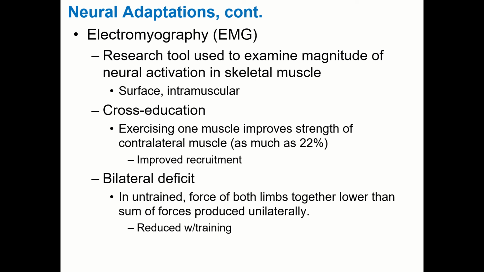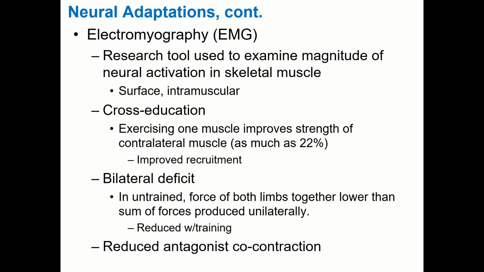Now, that gets reduced with training, and so you get better at recruiting in similar patterns. And so you get better at two-legged movements with training, so that's a reduction in the bilateral deficit. So bilateral means both sides, and so there's a deficit when you use both sides relative to using each side independently.